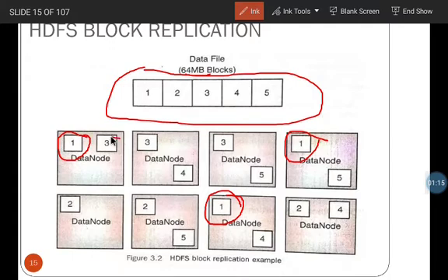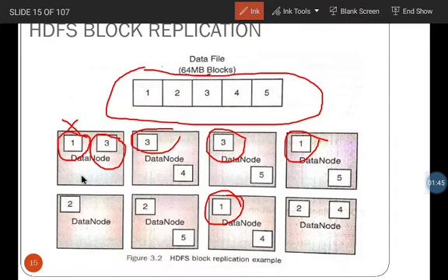Similarly, if you observe, block 3 is placed in the first one, second one here, third one here. So that is randomly distributing the HDFS blocks. For example, if this data node itself fails, then we have to retrieve block 1.